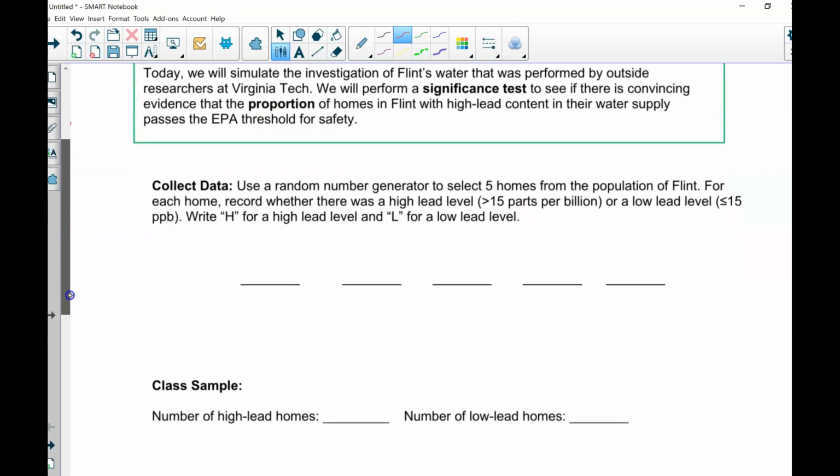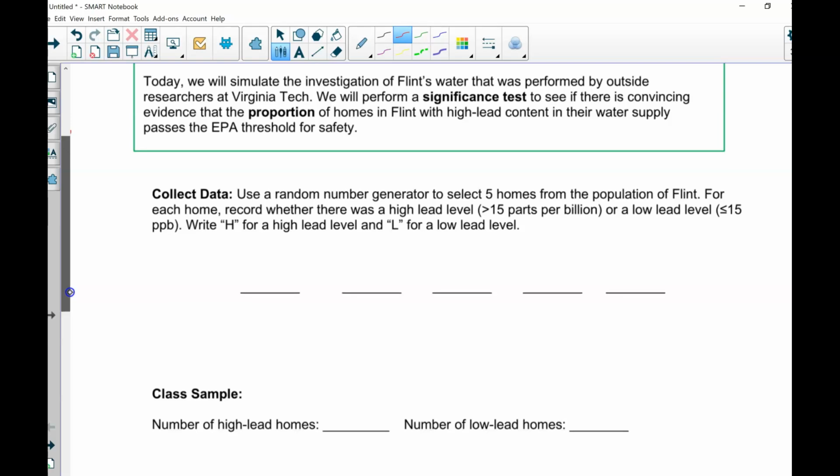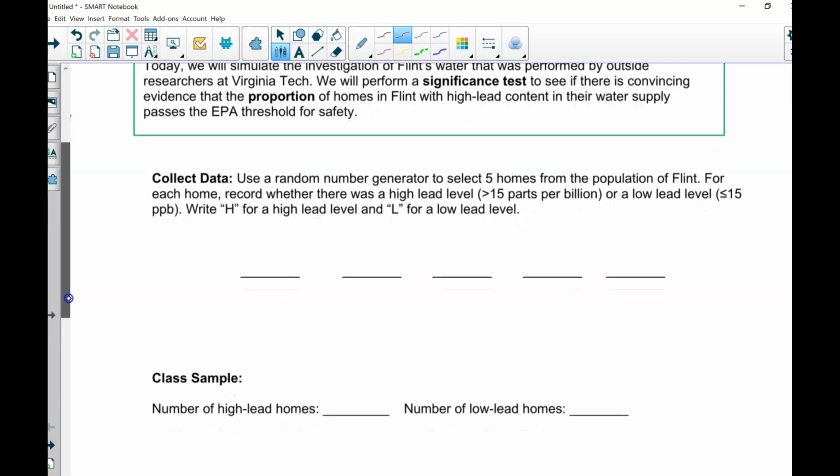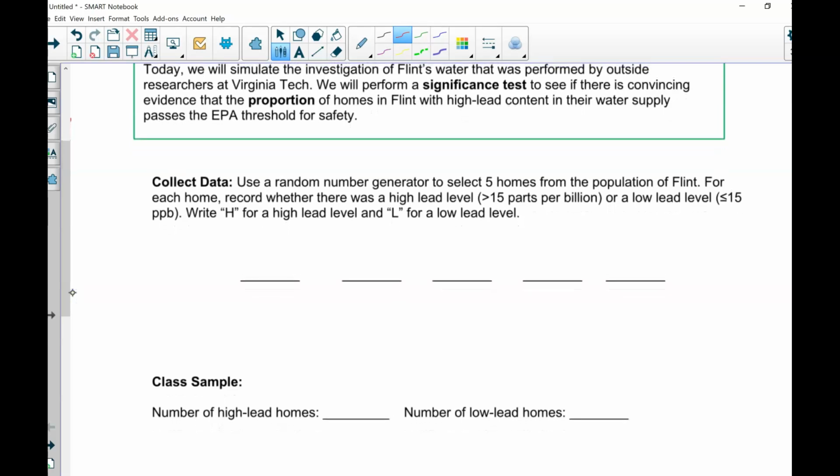And I'm just continuing on. Earlier today we collected some data. We each looked at 5 homes and determined whether or not they were considered to have high lead levels or low lead levels. If you had more than 15 parts per billion of lead, it was considered high.